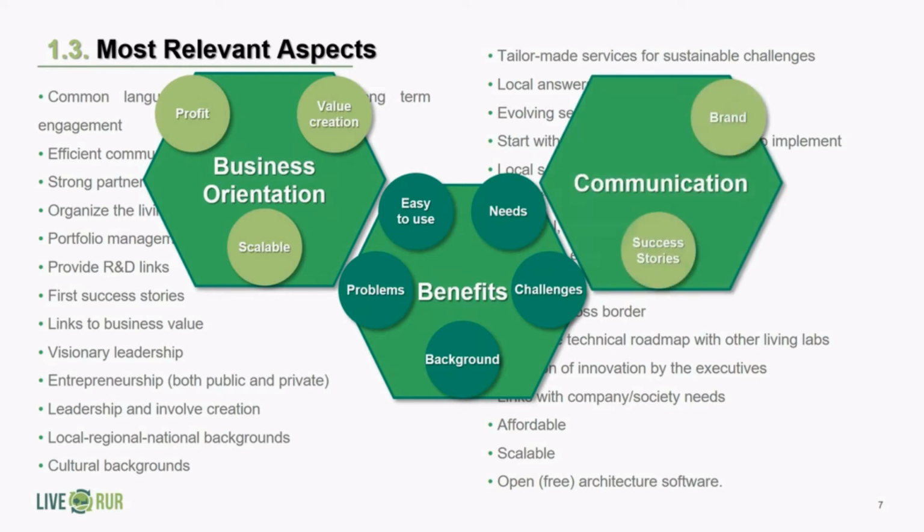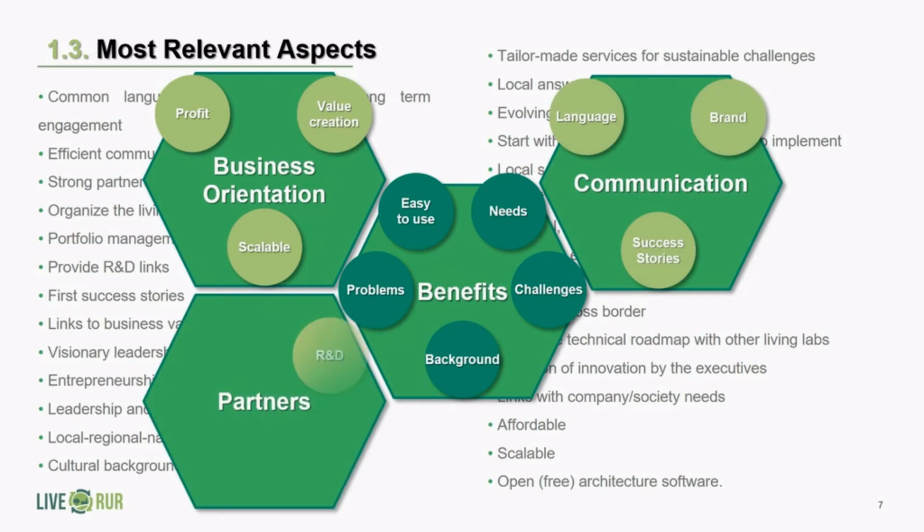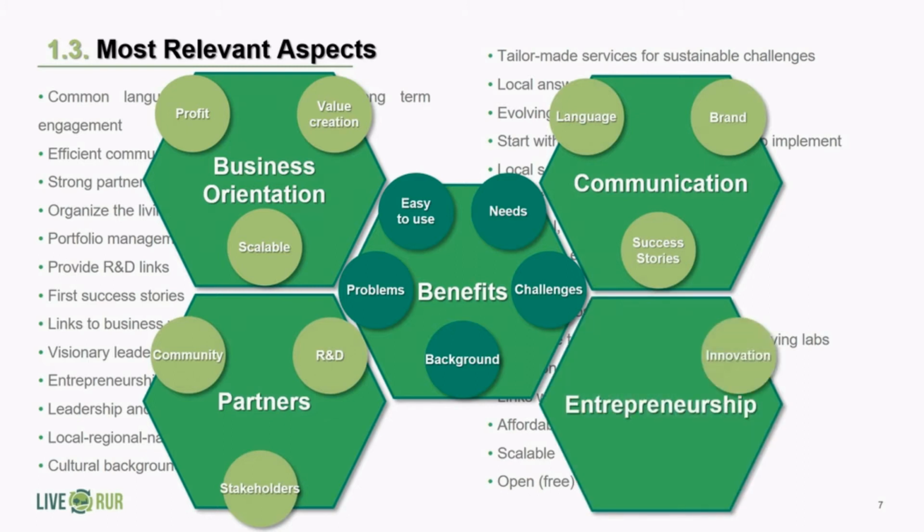Build a solid communication system so people can understand what the living lab is doing, but that also allows those people to easily establish contact with you. Find partners that can add value to your stakeholders and provide you means and tools to help others. Keep an entrepreneurial spirit, developing innovative solutions for your users and leading the way to new ventures.